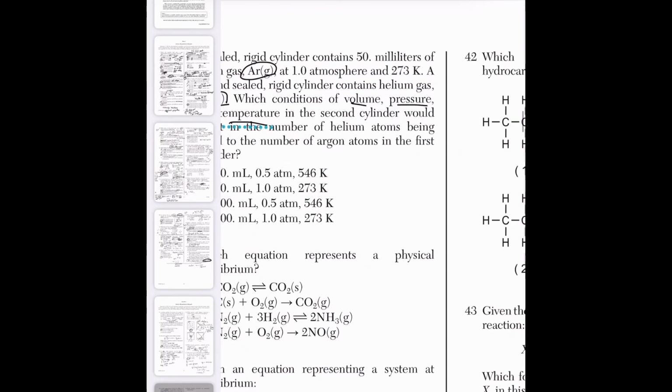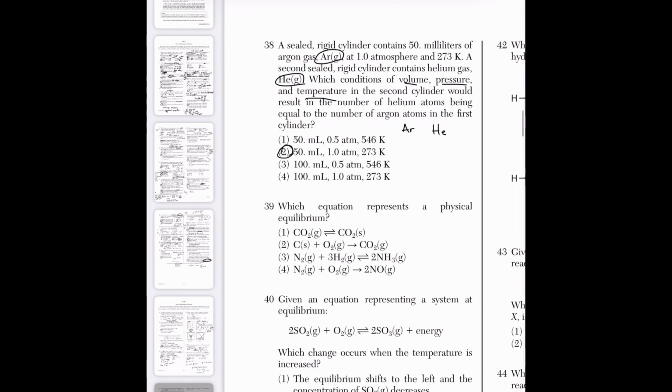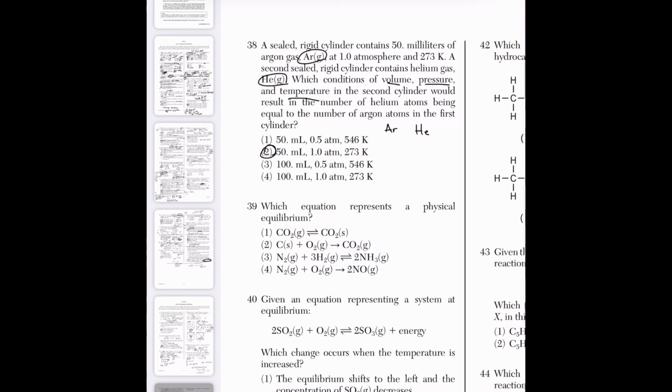They're not diatomic. It's just argon and helium. So similar pressure and volume would result in the number of helium atoms being equal to the number of argon atoms. You see, these two conditions are identical. So yeah, that's pretty cool.